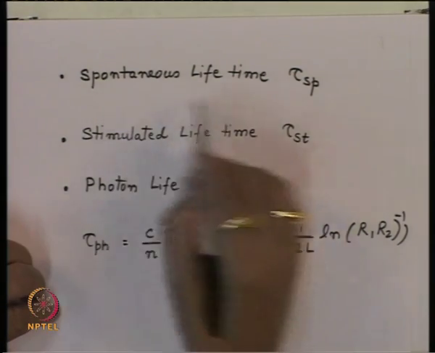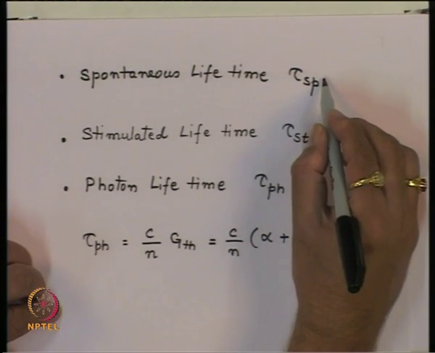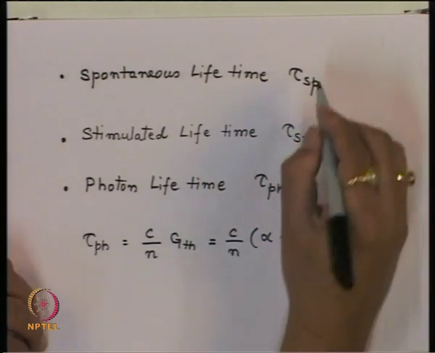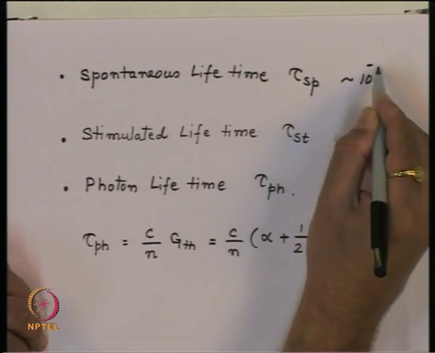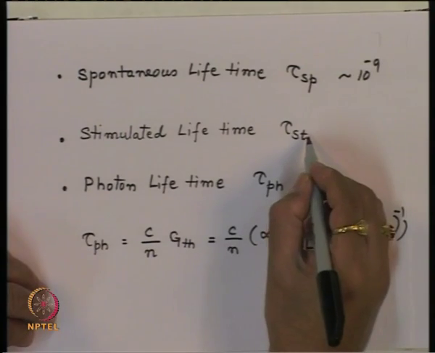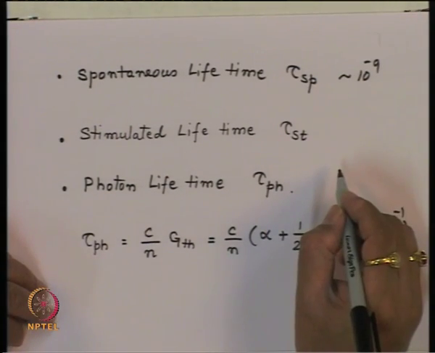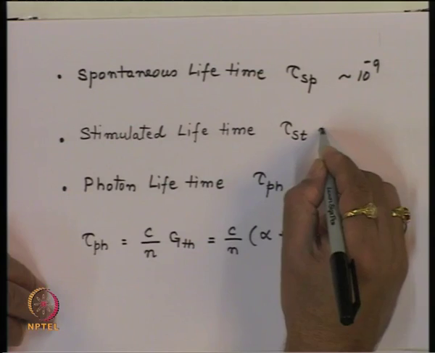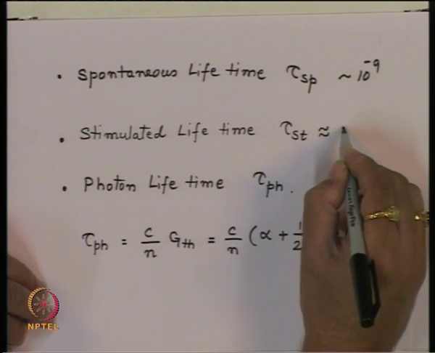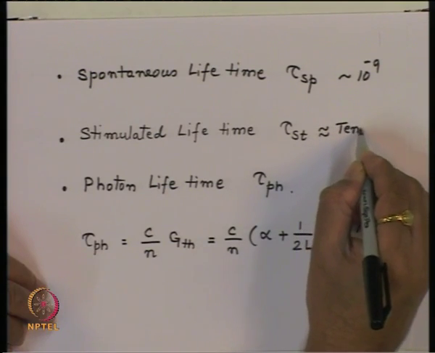So, you will see that the spontaneous lifetime is rather long, it could be of the order of about nanosecond, so of the order of about 10 to the power minus 9. The stimulated lifetime is much smaller compared to this one, so it could be of the order of about, let us say, tenths of picosecond.